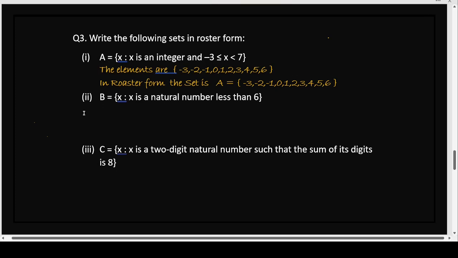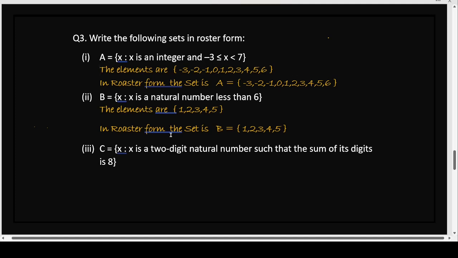Okay. The next one is B, x such that x is a natural number less than 6. This is also similar to the previous one. The elements are 1, 2, 3, 4, 5, and 6 is not included. In the roster form, the set is B equals curly brackets 1, 2, 3, 4, 5 separated by commas, and these are the elements.